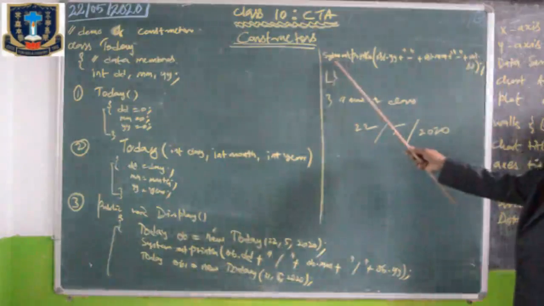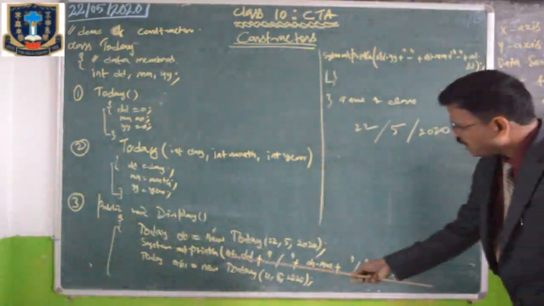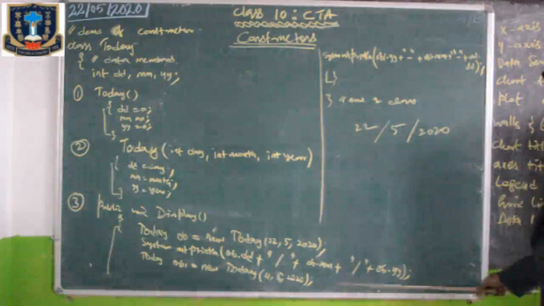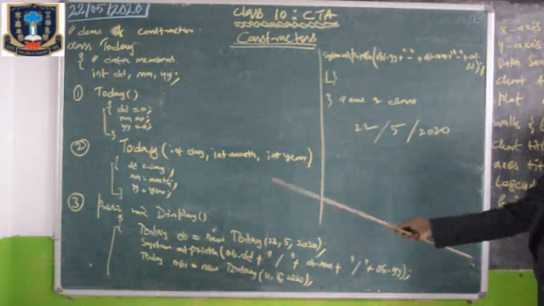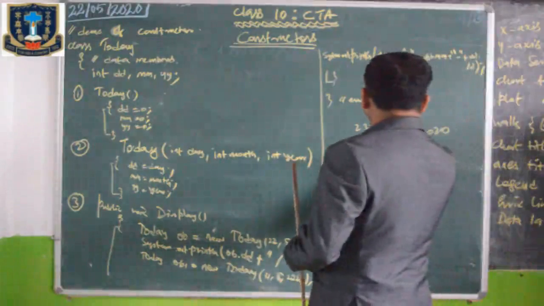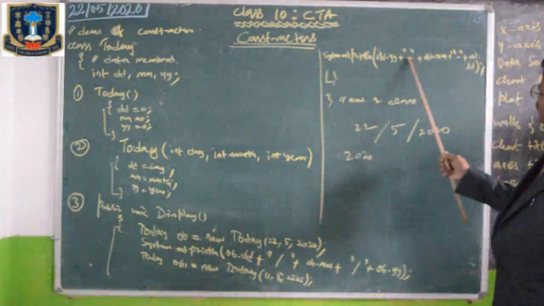I come down and print System.out.println of ob1. Please note here I am displaying ob1.yy. What is the third parameter? yy will have 2020. 2020 will come. Afterwards, what do I do?